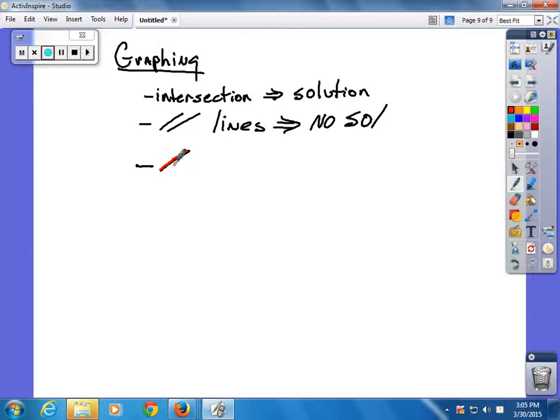In other words, the same line, blue and red on top of each other. What if you had the same line? What's the opposite of no solution? All real solutions. Infinite solutions.